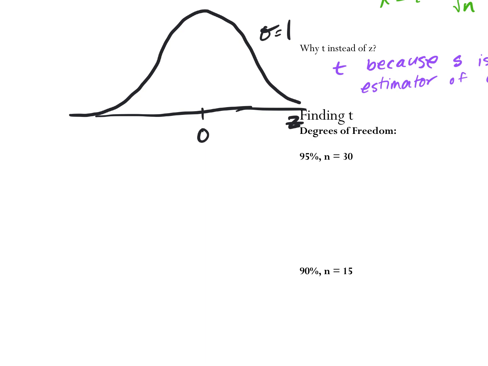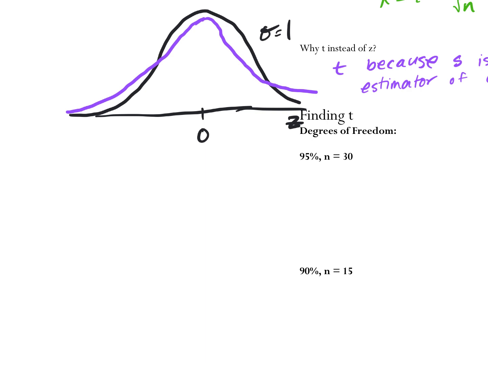Basically, a long time ago, a stats dude figured out that the distribution of T's, the way they calculate T using S instead of sigma, is really, really close, but has a little bit more variability. It's more spread out, so the peak doesn't get as tall, okay?